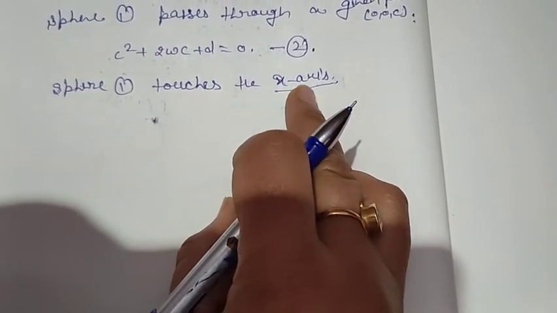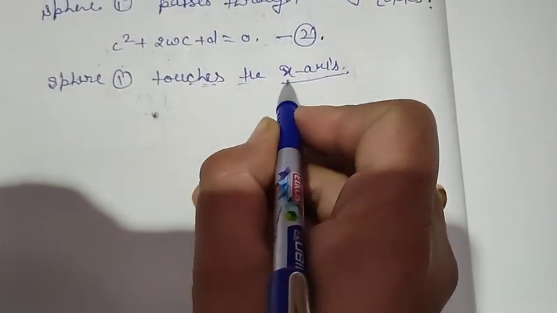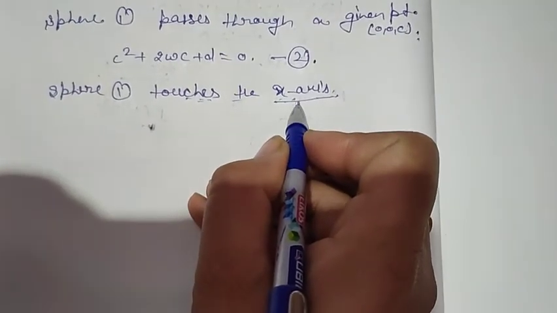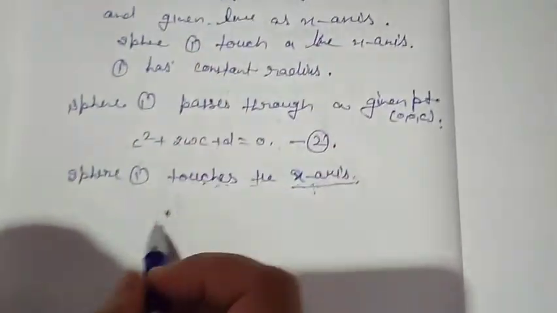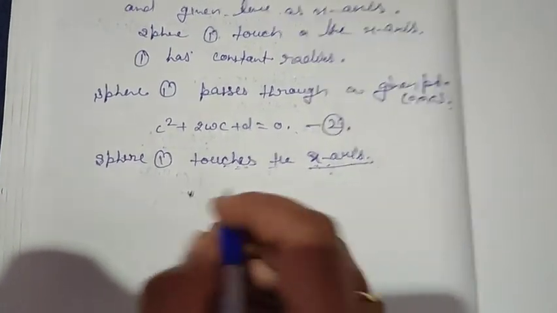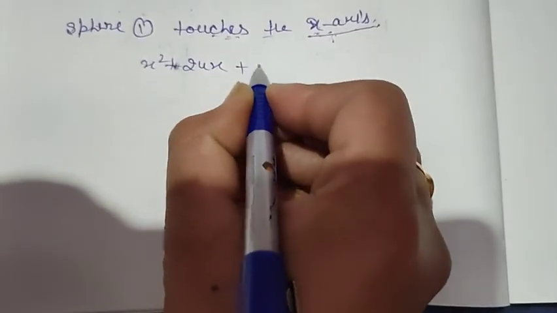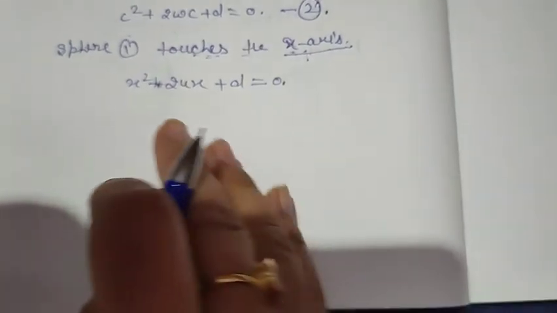So with y and z equal to 0, the equation of the sphere becomes an equation only in x: x square plus 2ux plus d is equal to 0.